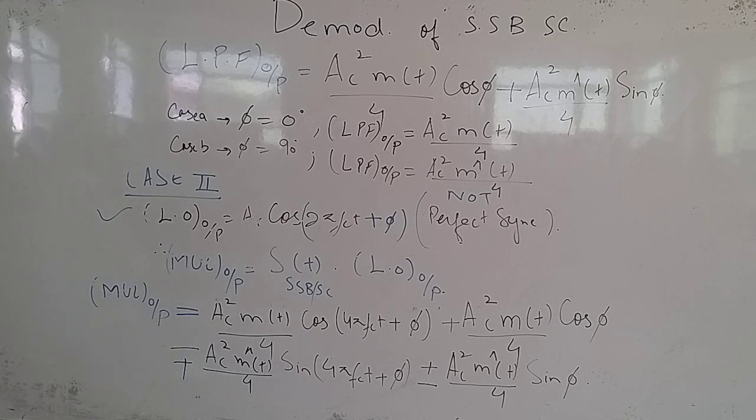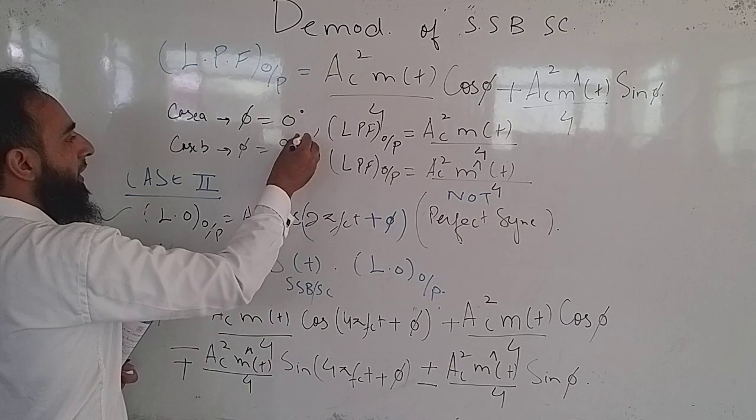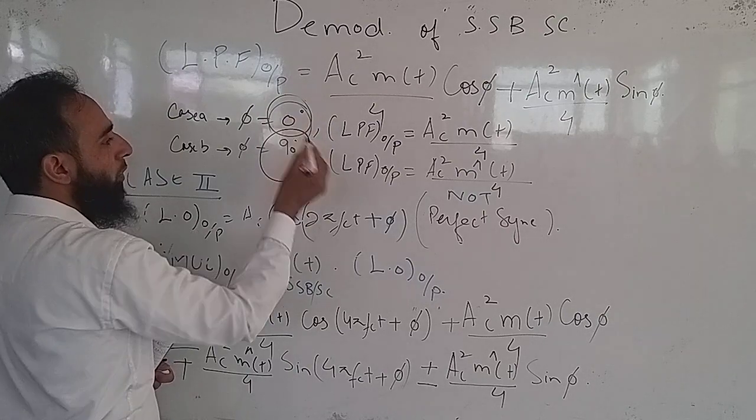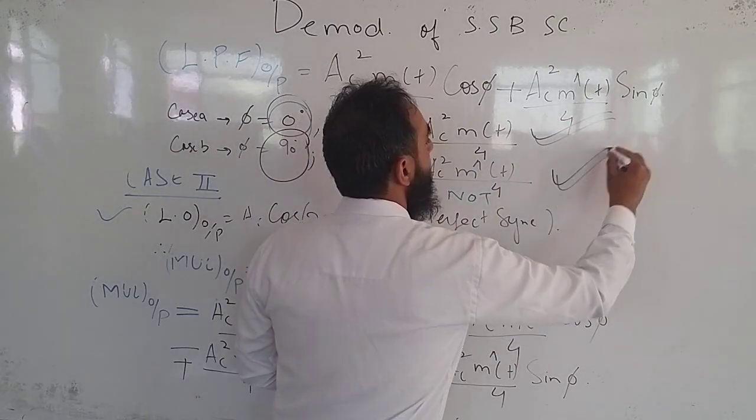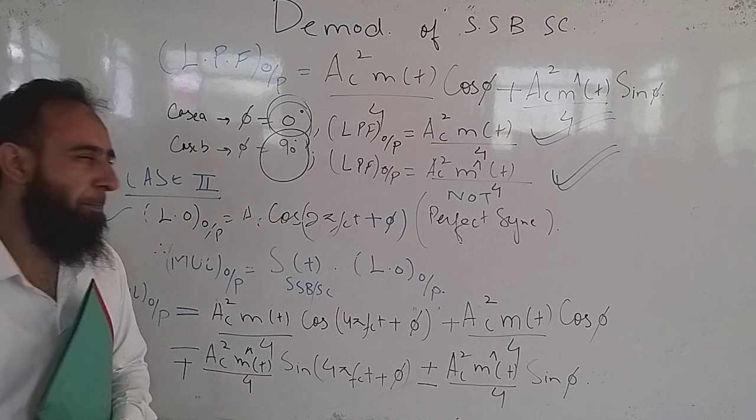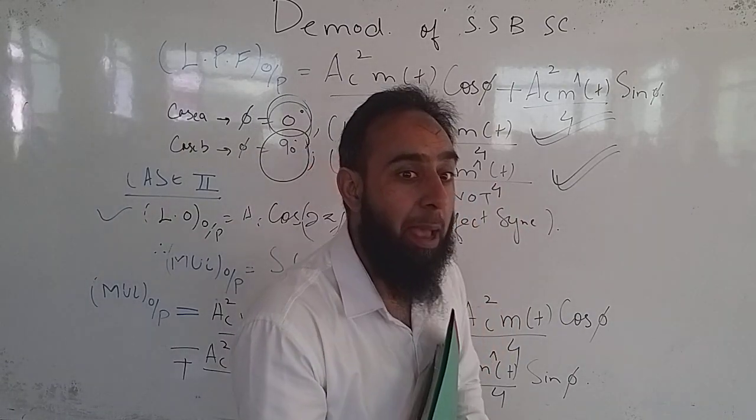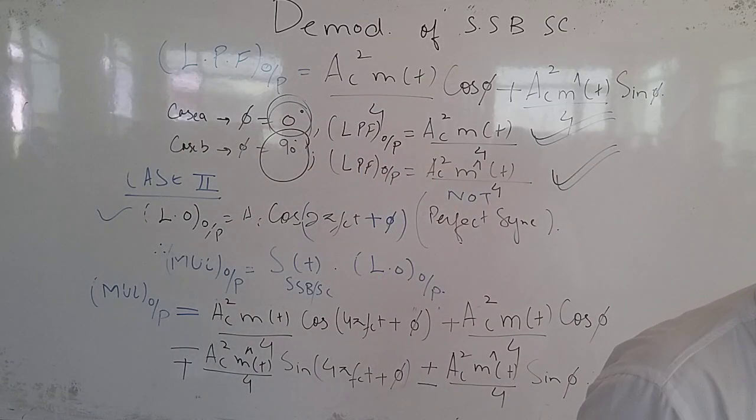So we realize that in this case nothing like that is happening. Even when phi is 90 or phi is 0, in both cases you have an output which has m of t. In this case you have m cap of t. But what is m cap? Hilbert transform of m of t. So you can easily use an inverse Hilbert transform and you will get the m of t. But this m of t signal is there in your output.